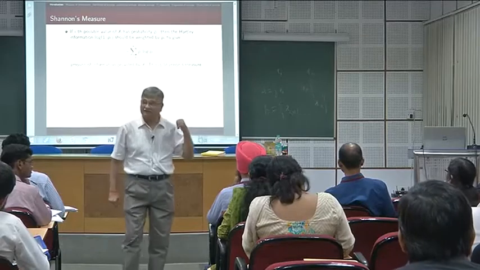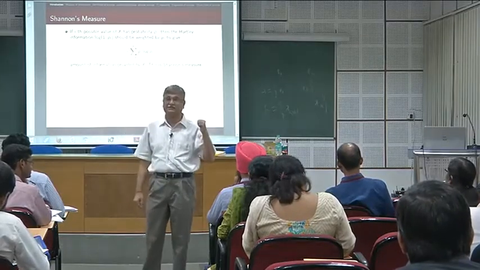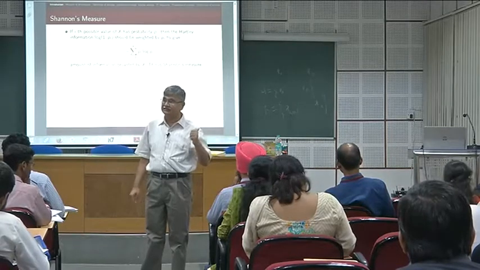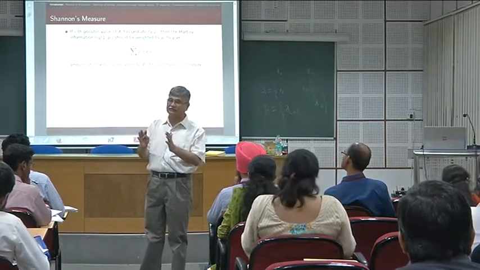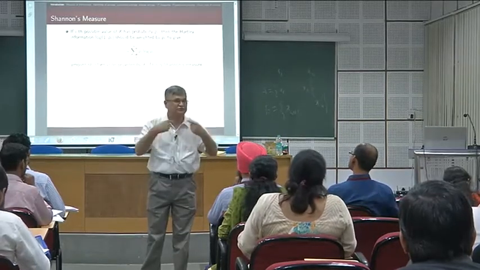I do not have time here, but this expression actually addresses the grouping axiom also. That means that if you are told that it belongs to set A or set B, what is the uncertainty associated with set A or set B?